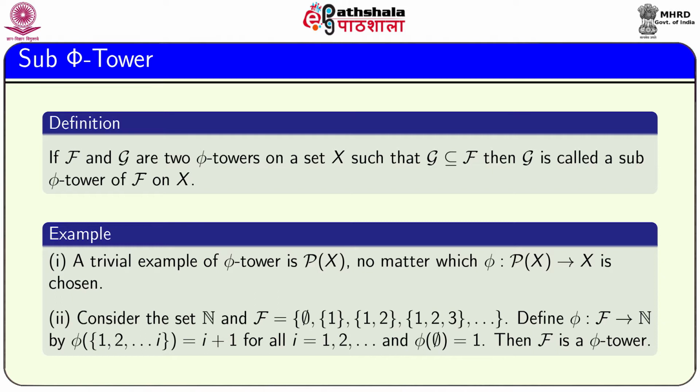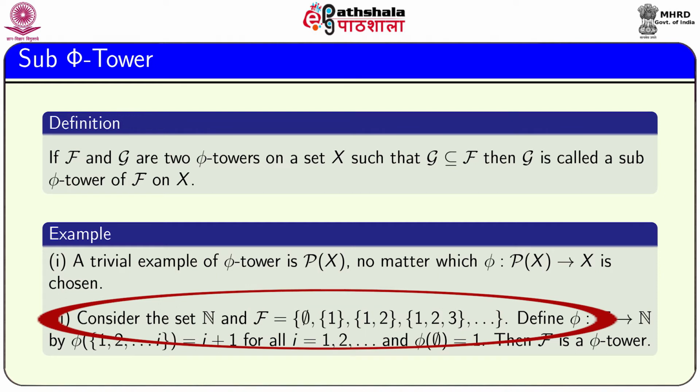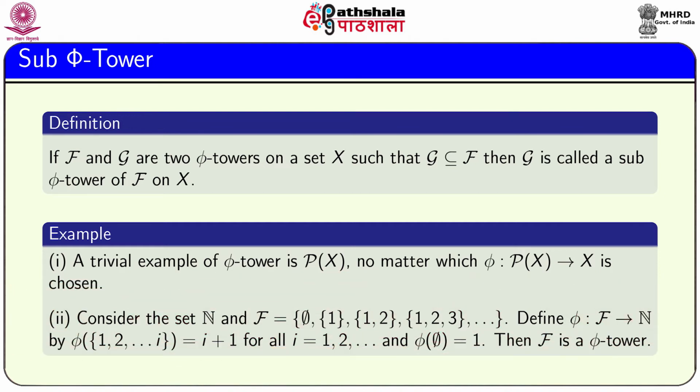In the second example, we consider the set N of natural numbers and script F as a collection of sets of the form empty set, singleton 1, the set consisting of 2 elements 1 and 2, the set consisting of 3 elements 1, 2, 3 and so on.